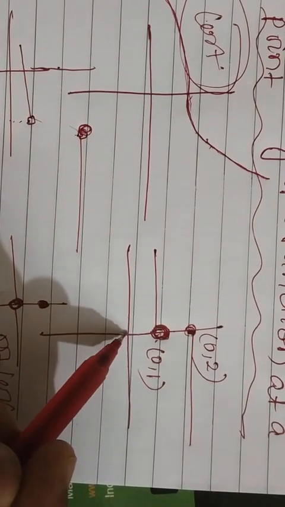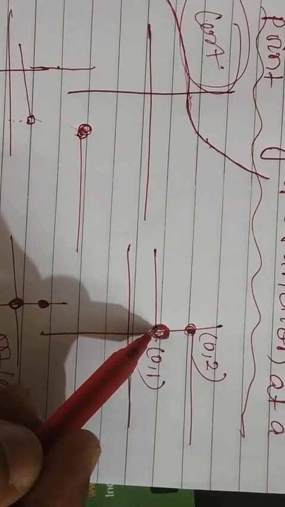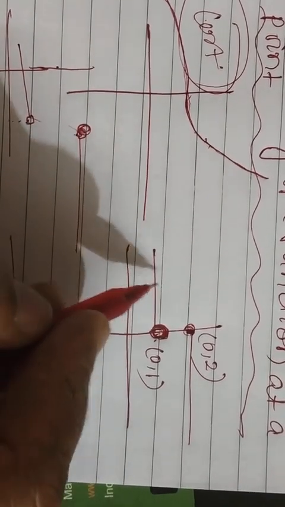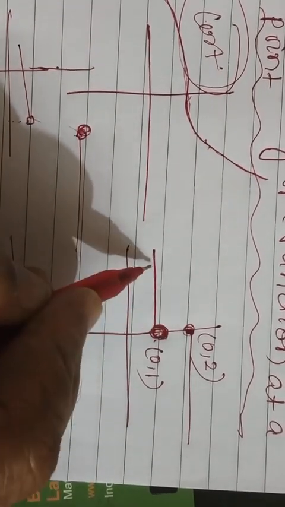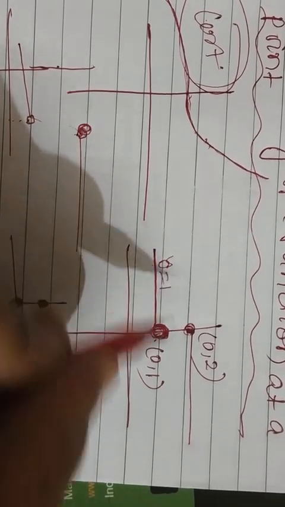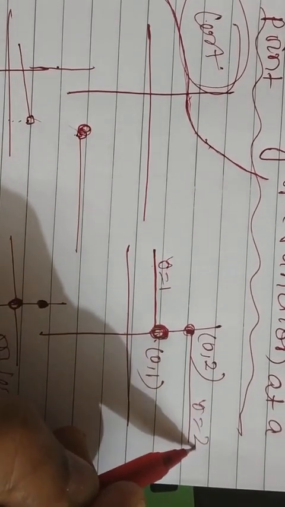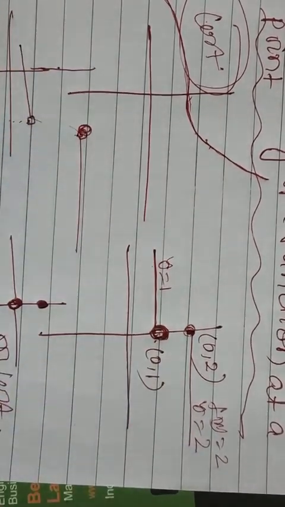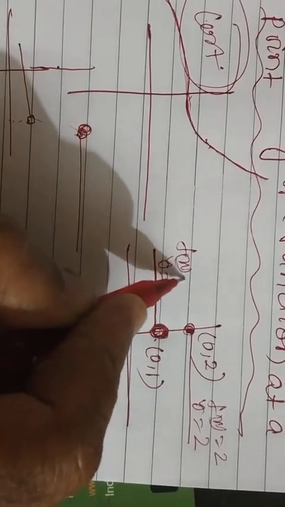But in this case, what happened? When x is 0, I am getting y equal to 1. This is f(x) equal to 2, and here it is f(x) is 1.